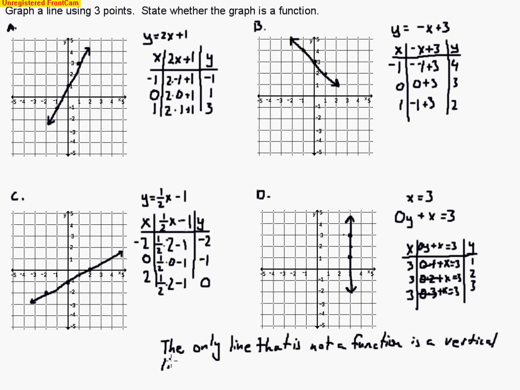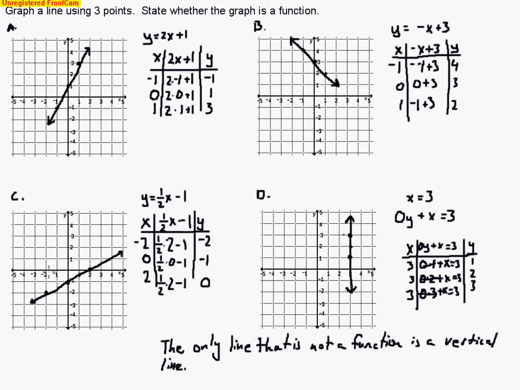So all other lines have one number for each domain. Every domain has one and only one range value. So the only line that is not a function is going to end up being a vertical line, because the domain 3 has multiple ranges that make it up, like the 3 numbers that we came up with here. But every other line is going to pass that vertical line test.